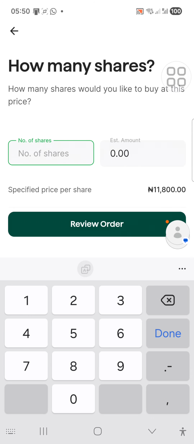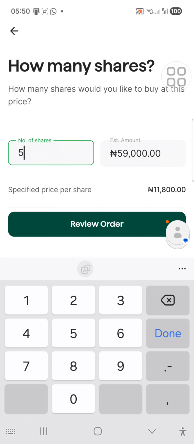And then you click on proceed, and then you double check specified price per share. Make sure it is showing the amount you want to bid, which is 11,800 naira. And then you put the number of shares you want. Maybe you want to buy 5 shares.